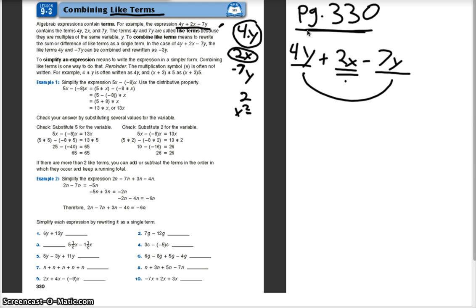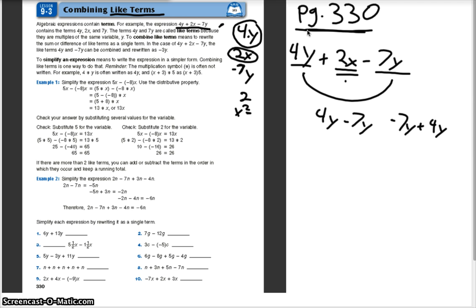So we have a positive 4y and we have negative 7y. The way I think about it is, when we have those multiplication numbers, just treat them like normal numbers. We have a positive 4 and we have a negative 7. We just have y's attached to them. So we think of it now as 4y minus 7y, or you could think about it as negative 7y plus 4y.